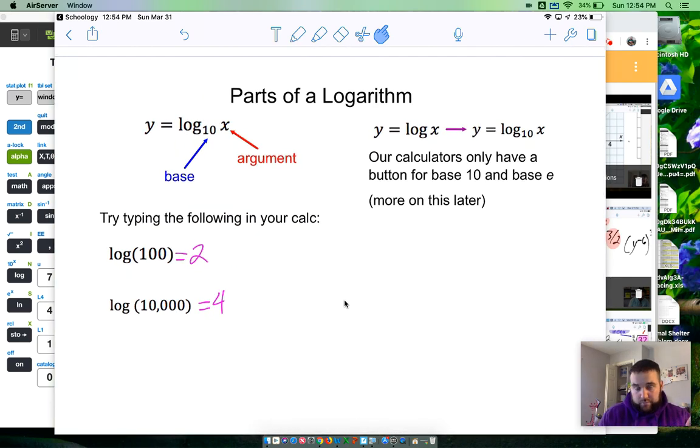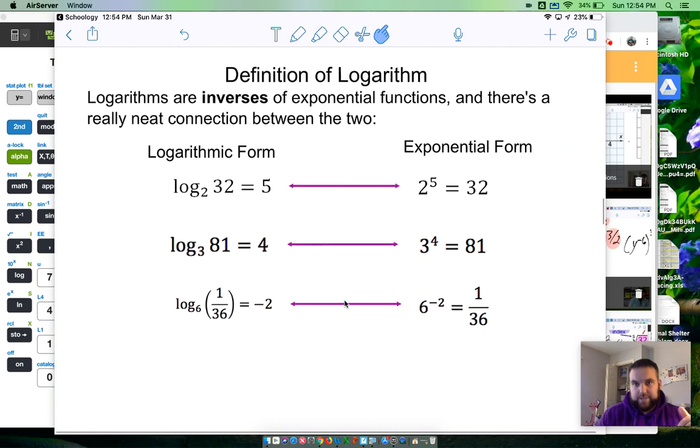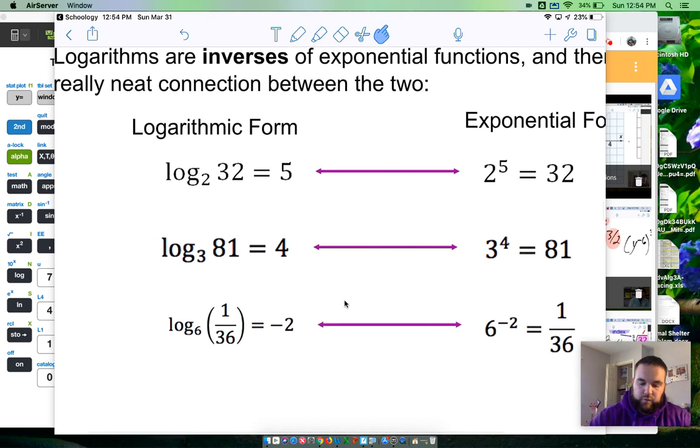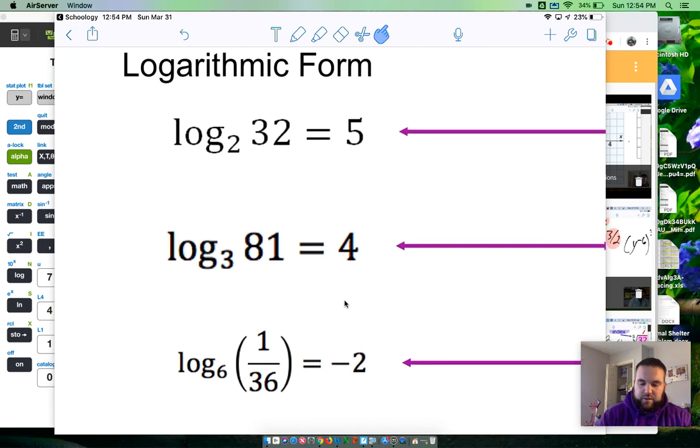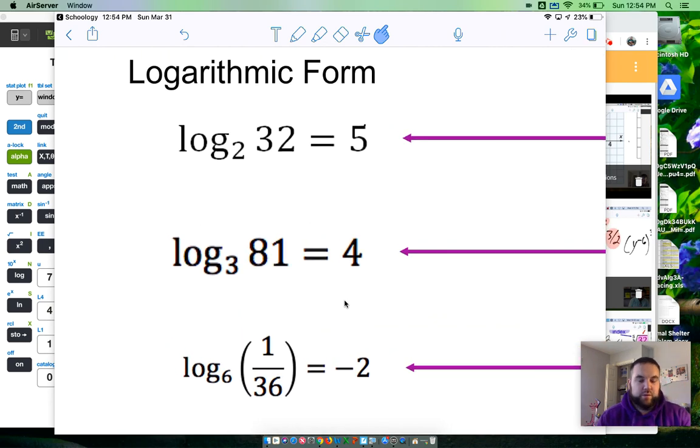So logarithm is, again, we said it's the inverse of an exponent, or they are defined from exponents. So for instance, if you were to type into a calculator, and we'll talk about how to do this, log base 2 of 32, you would get 5.